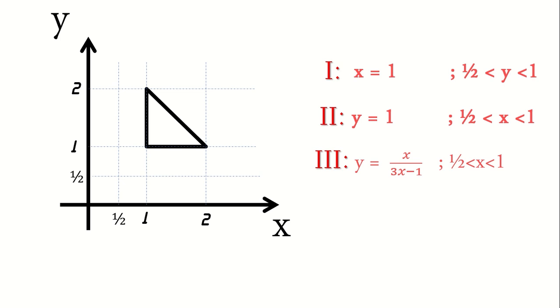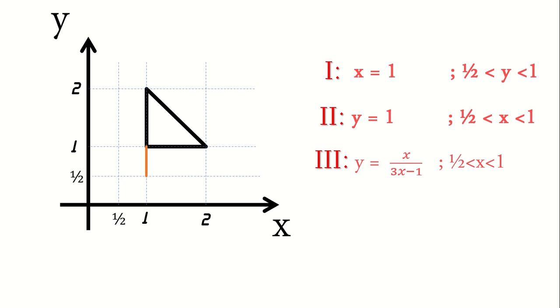For the first length, we have x is equal to 1. For the second formula, we have y is equal to 1. And for the third formula, we have y is equal to x over 3x minus 1. So it's time to draw these formulas on the plane.